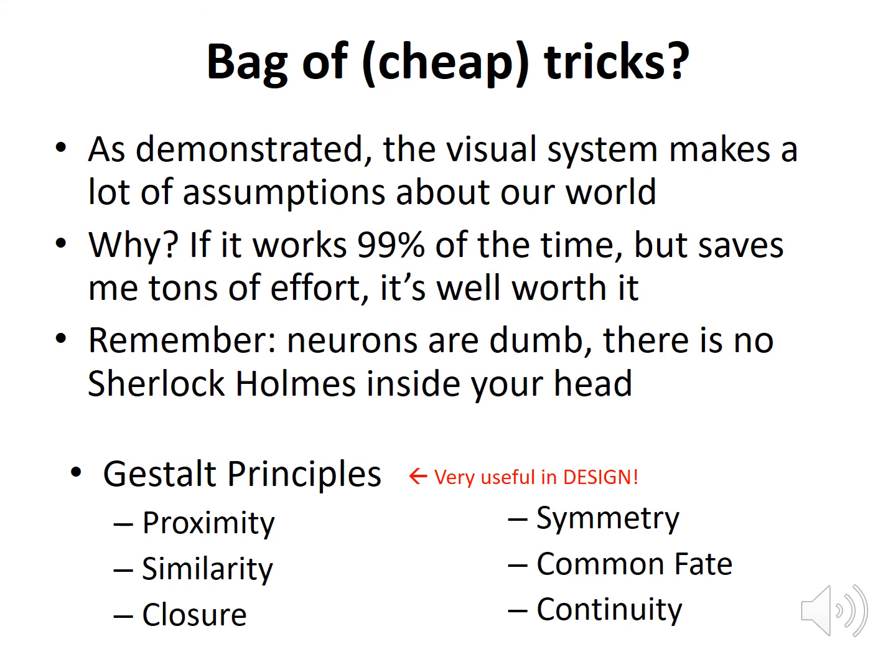There are 99% of the cases where such cheap tricks work, and in most of the cases they are coherent with our assumptions and our beliefs and so on. And then it saves a lot of time and energy if the brain does it this way, rather than if the brain does need to compute that each time anew. So it's well worth it.